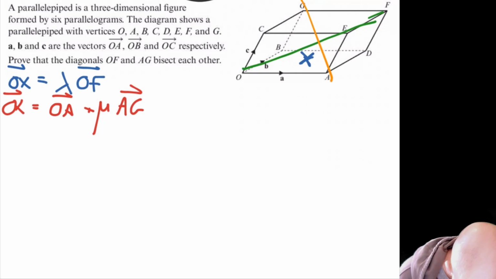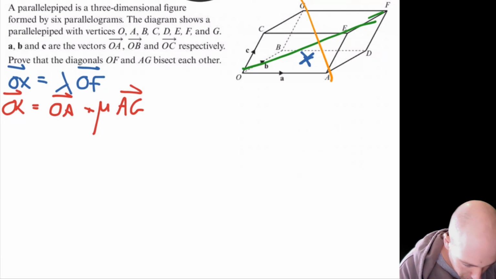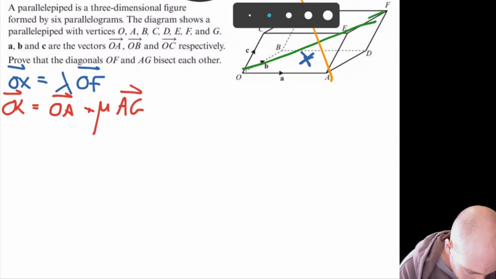So OF, well, to go from O to F, I can go basically using all the vectors we have.